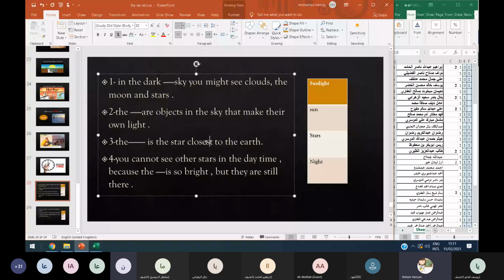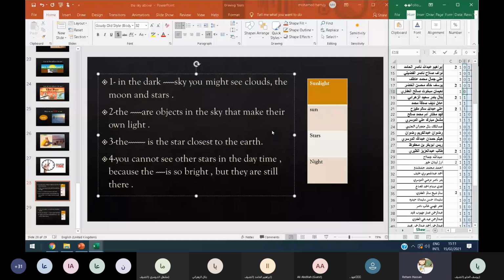Nuaiman, give me the answer. It is a big star because it's closest to the earth. We can see it in the day.